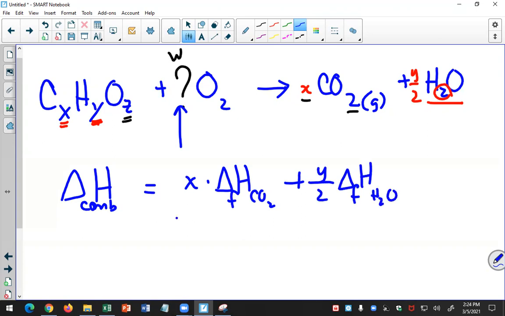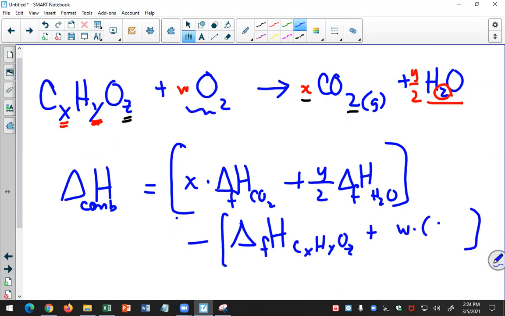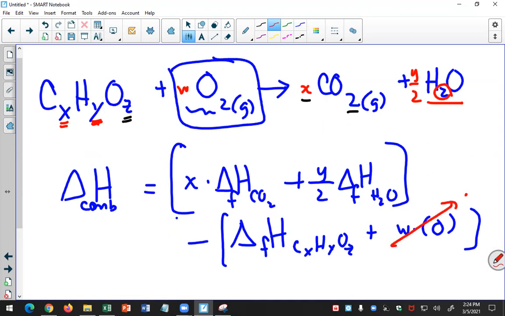So this is delta H formation of the products. I'm going to put a w there. So I got products minus delta H formation of reactants, which is CxHyOz plus, what's the delta H formation of O2? w times 0, okay? O2 gas is an element in its standard state, so that's just going to be 0.